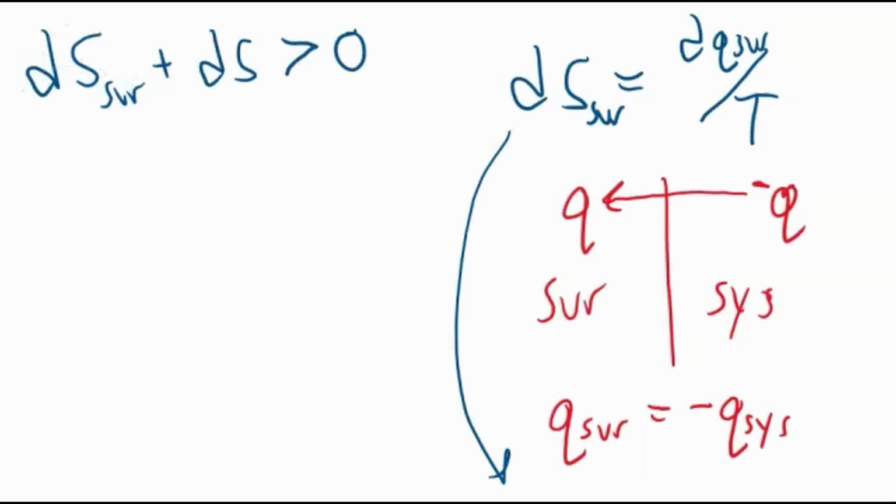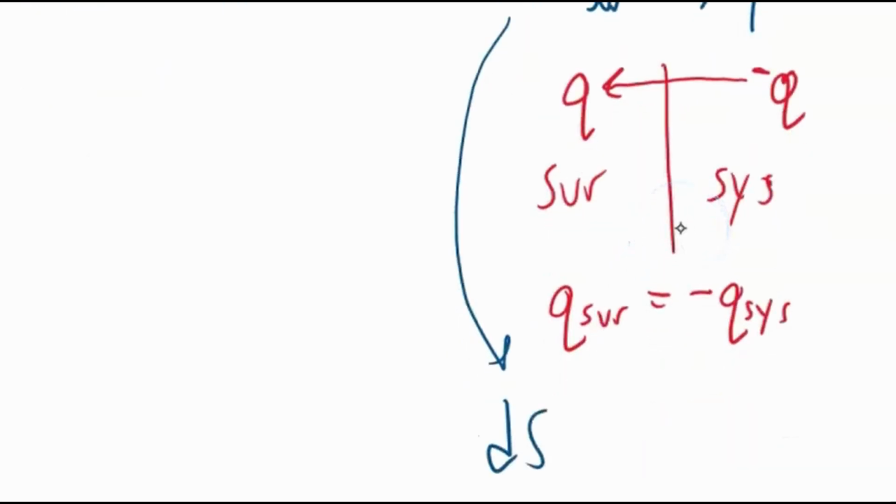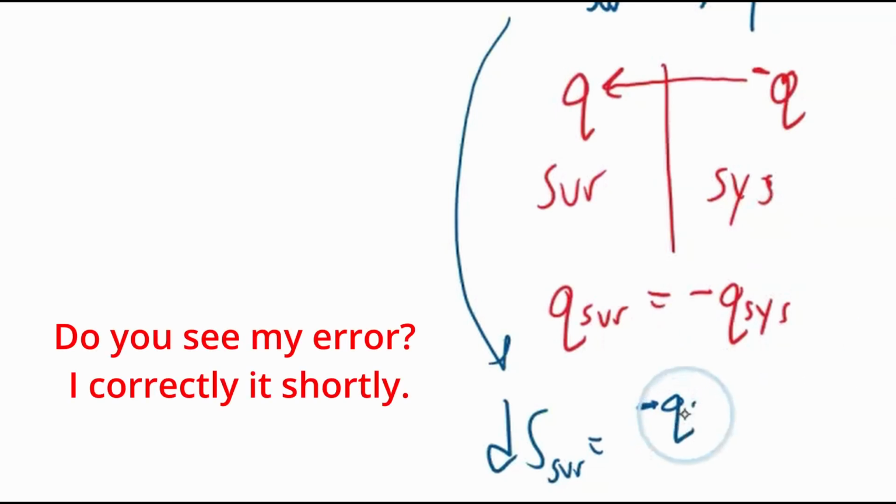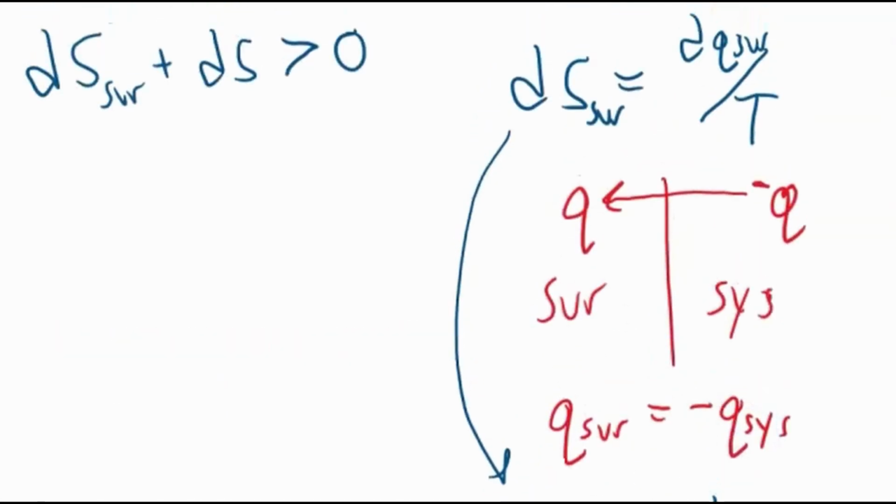So we'll say that the infinitesimal change in entropy of the surroundings equals negative dq of the system, and I won't put a subscript because that just means the system, over T. Okay, now we're in terms of the system. So we can plug that in here to our second law.